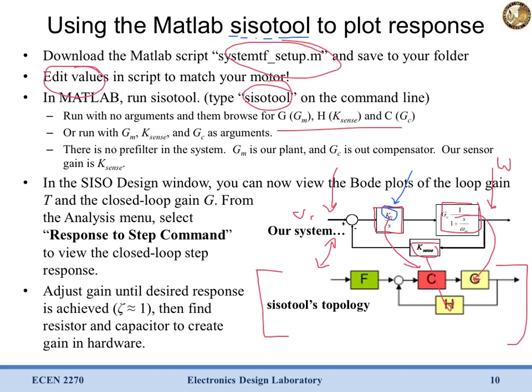You can compare what k sub I's you get from each of these two systems. They should be about the same. In any case, once you've solved for k sub I using SISO tool or the equation, you can simply find a set of resistor and capacitor to use on that op-amp feedback circuit in order to give you the k sub I that you wanted.